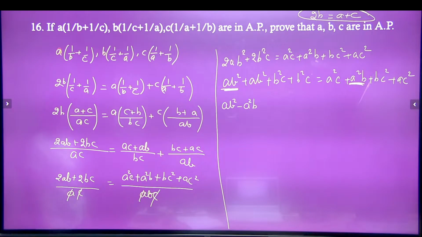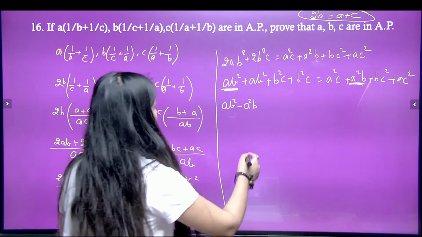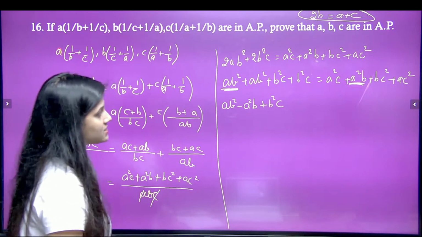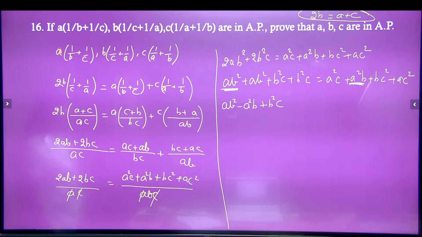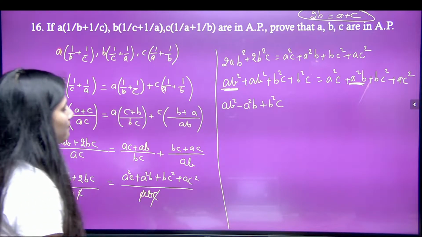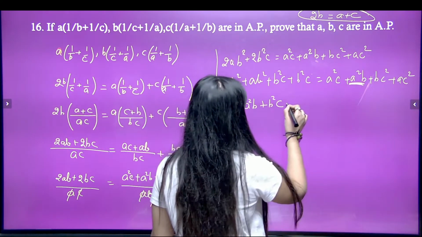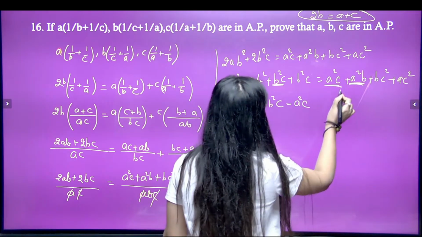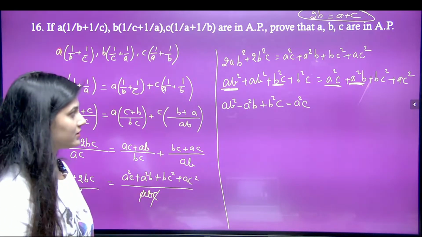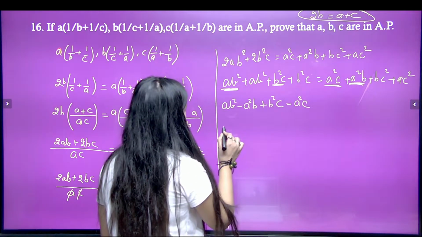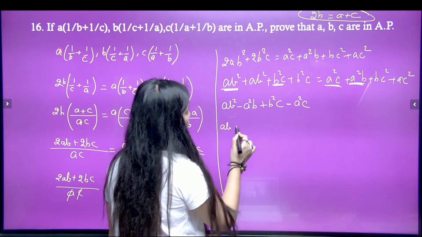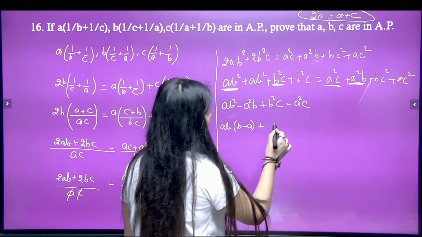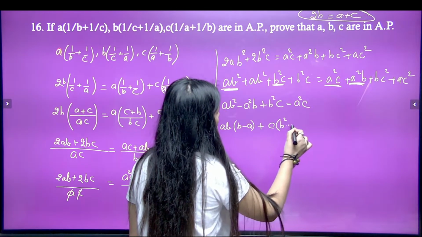Then I can write B square C minus A square C. Why I have done this? Let's see. If I'll take AB from these two, it will give B minus A. And if I'll take C, it will give B square minus A square.